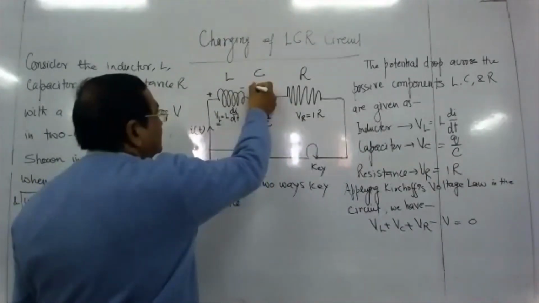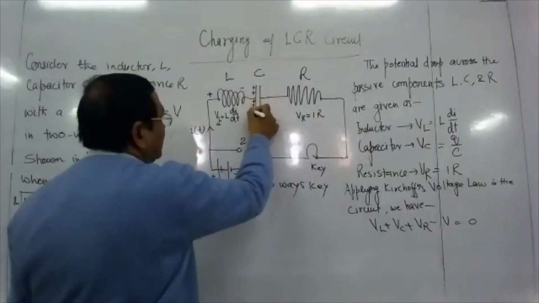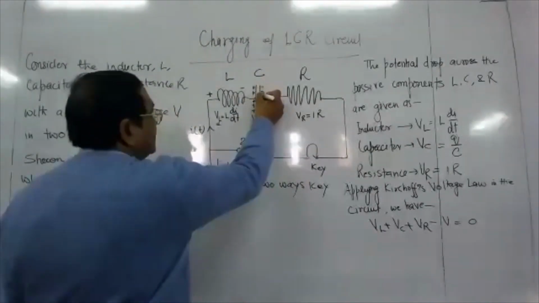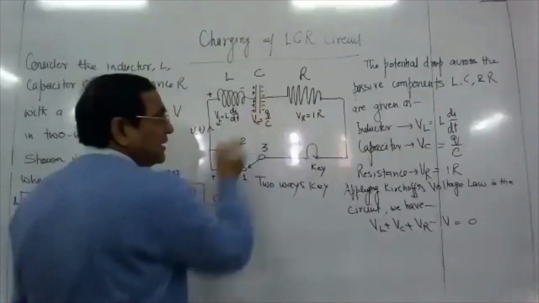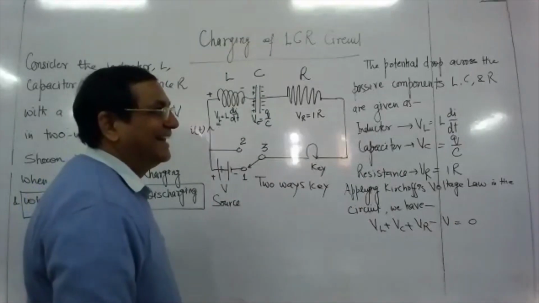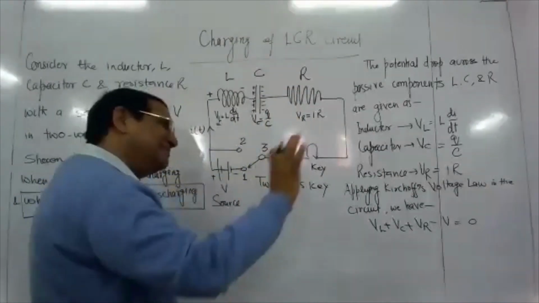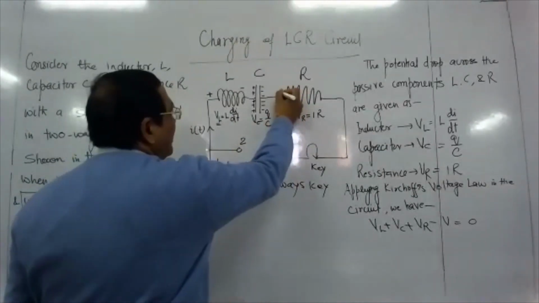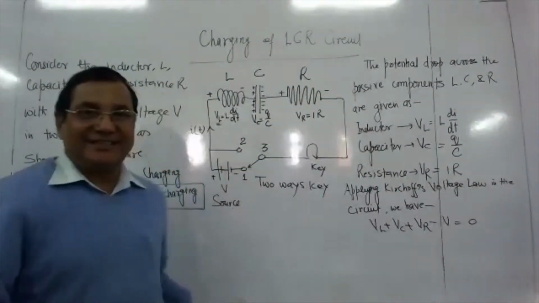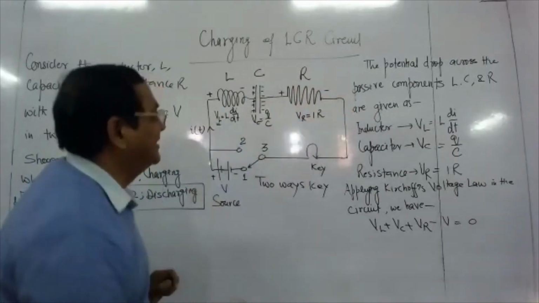Now this plate of the capacitor is positively charged, and here it is negative. This is the positive voltage, and here it is the negative voltage across the resistance.